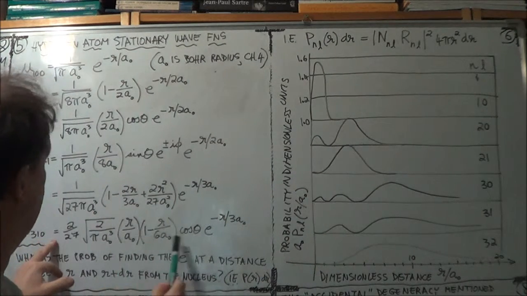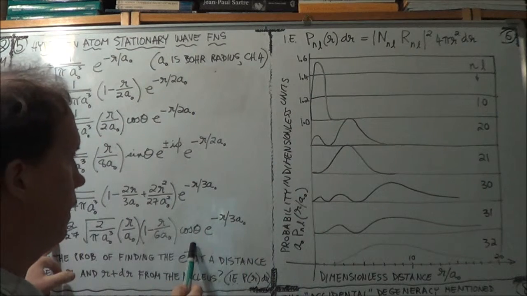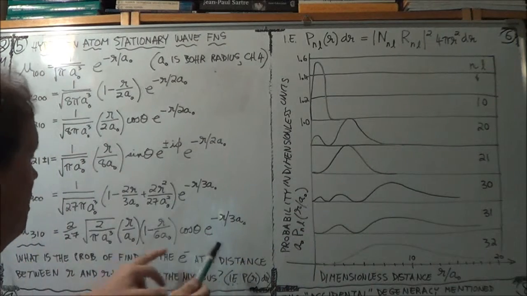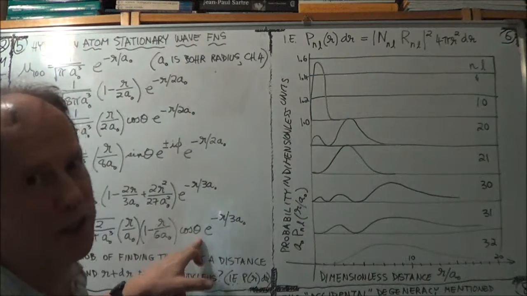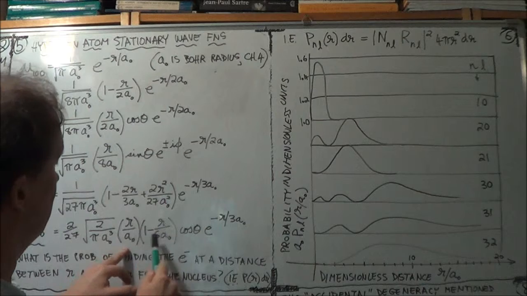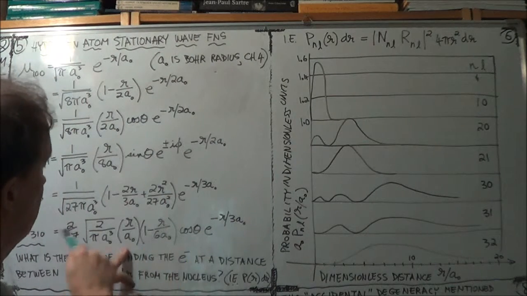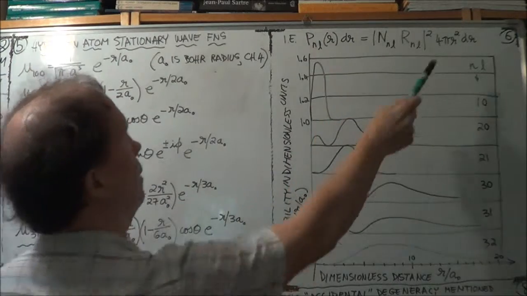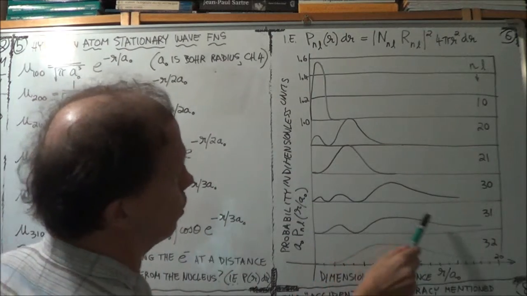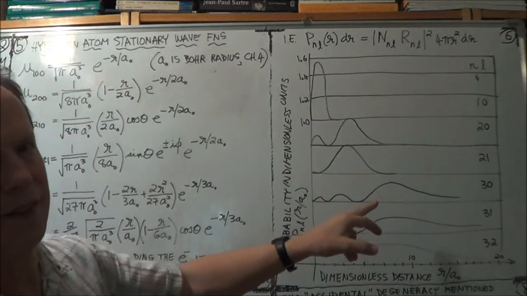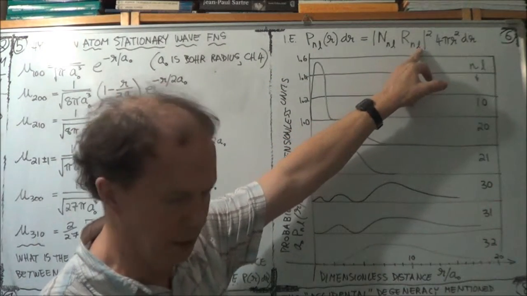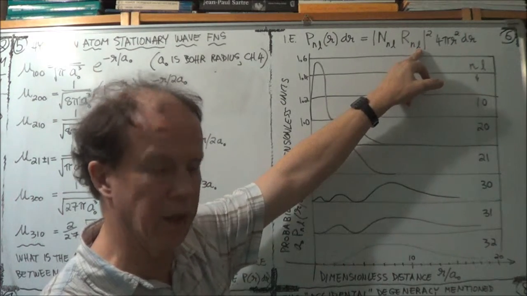3-1, that's this one here. Well, you would need to draw these. Obviously, you'd need a computer, right? So it's not at all obvious what's going on here. So you just plot this squared, of course, and you get sort of where the electrons are for the different energies and different angular momentum.